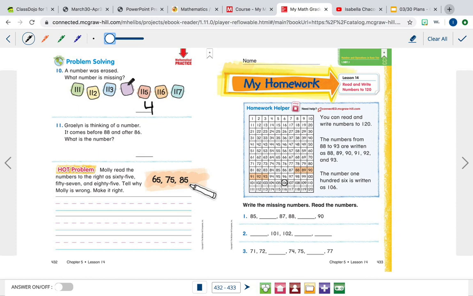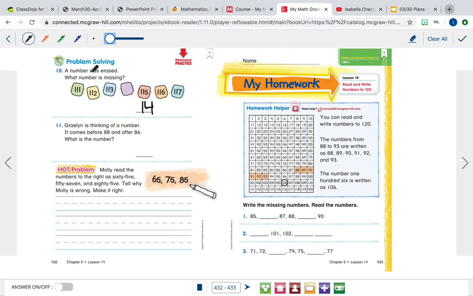Okay. So we know there's going to be a 4 in the ones place. What about in the tens place? Do any of the numbers in the tens place change? No, they do not. So we know in the tens place there's going to be a 1.